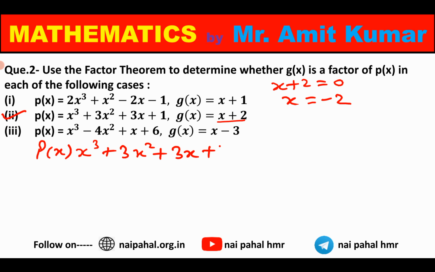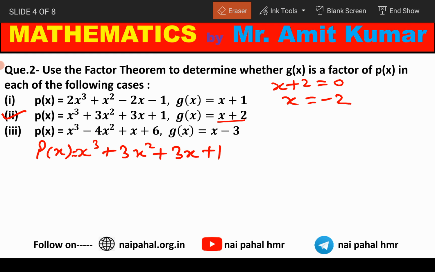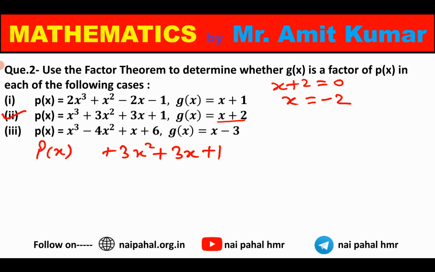If we take gx as x plus 1, we can find the value of x. x plus 1 equals 0, then x is equal to minus 1. Let us continue for the px, where px is given as 2x cube plus x square minus 2x minus 1.